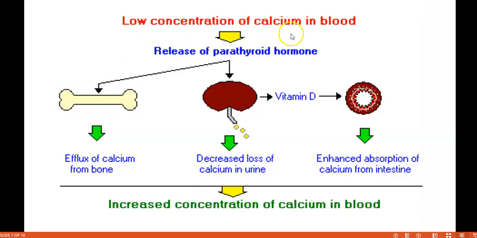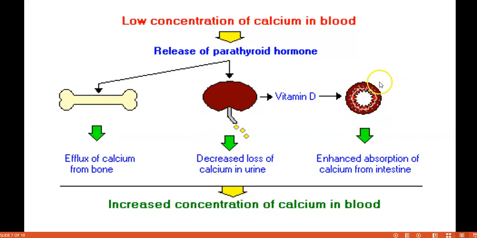If a low concentration of calcium is found in our blood, that releases the parathyroid hormone. This parathyroid hormone causes an influx of calcium from the calcium deposited in the bones into the blood circulation system. Secondly, in the kidney it decreases the loss of calcium into the urine, and due to this the calcium level increases in our blood circulatory system.